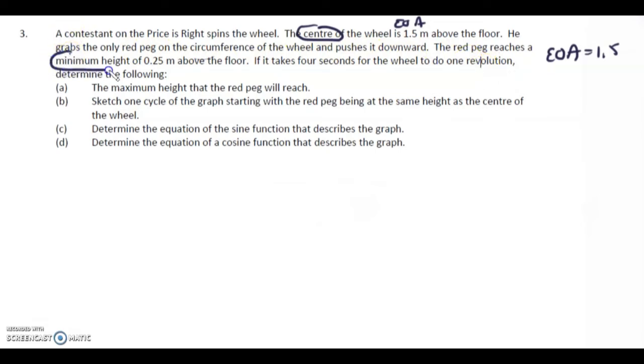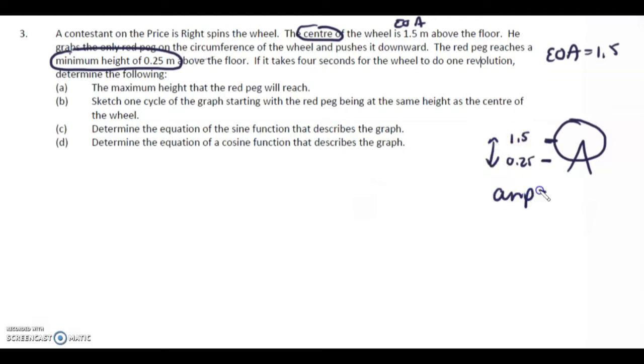So here's the thing. This is giving us a little bit of different information than the Ferris wheel, but same idea. The minimum is 0.25, and then they give us the equation of axis is 1.5. In order to solve for the actual amplitude, which is the radius, we have to subtract those, so we get 1.25.